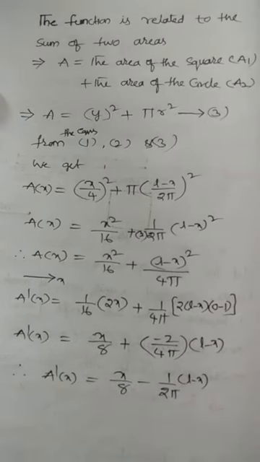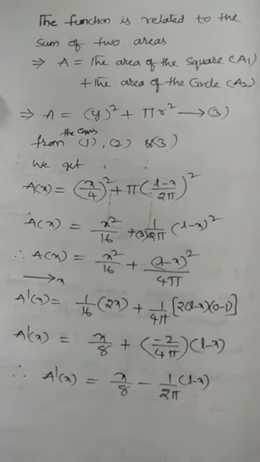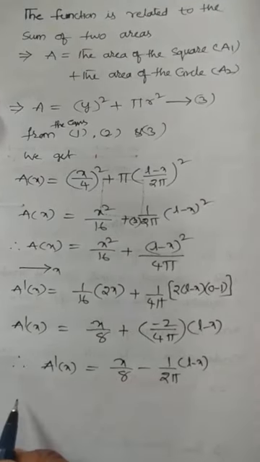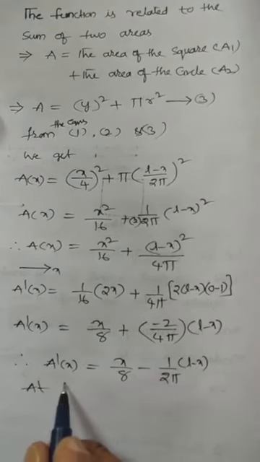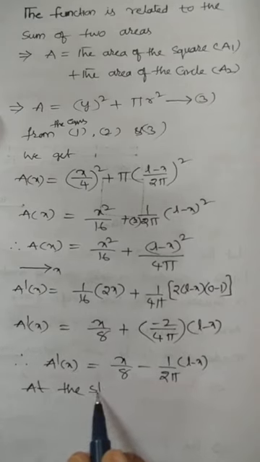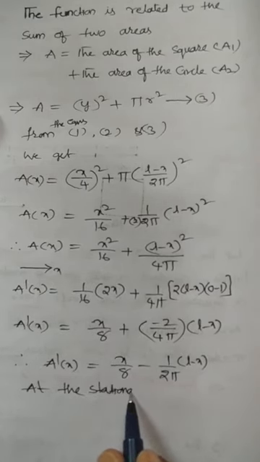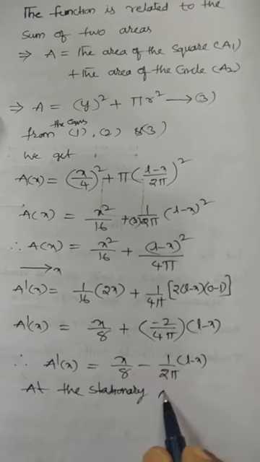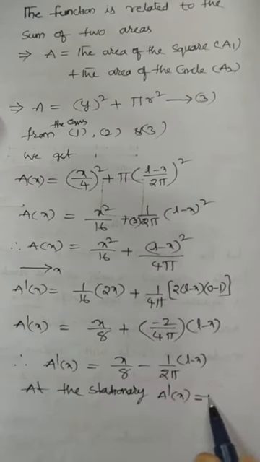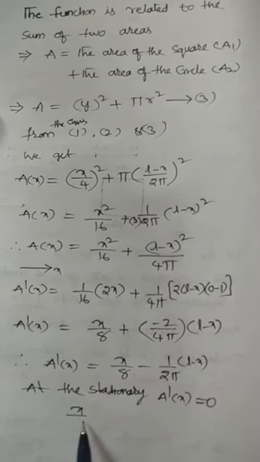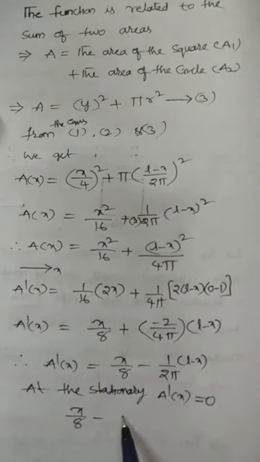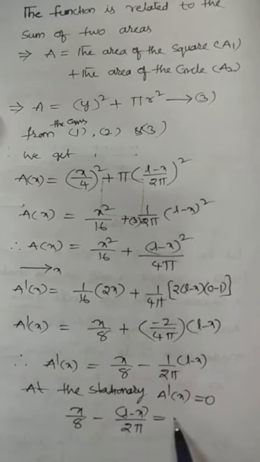From this I am going to find the stationary points. At the stationary point, A dash of x must be 0. That means x by 8 minus (L minus x) by 2 pi must be 0.